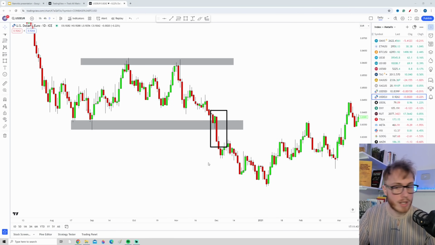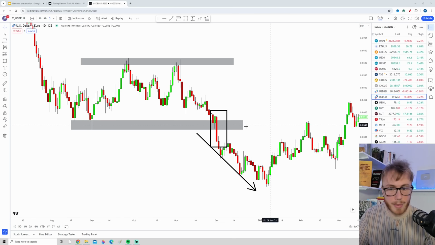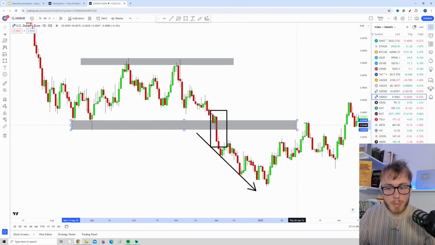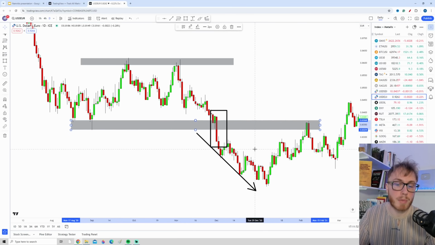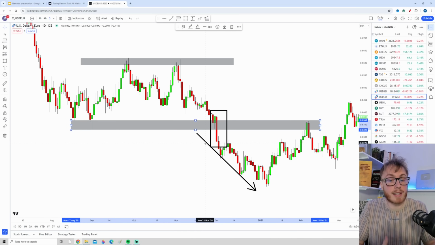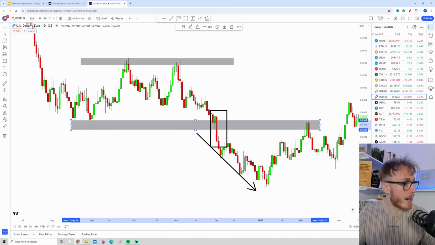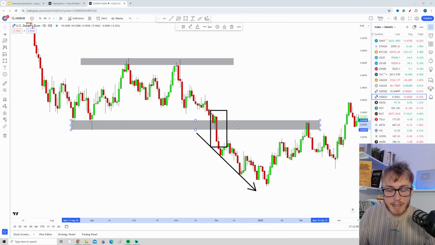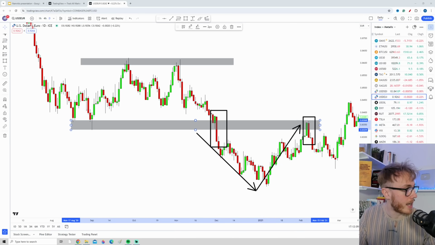We also saw this strong continuation to the downside. But remember from earlier in the video that when we break support, many times this level can flip to act as resistance in the future. And this was exactly what happened in this case. You can see that the price came up once again to the previous support, but the support flipped to become resistance, right? And we saw a strong reaction here to the downside.